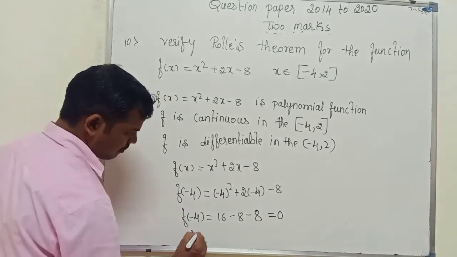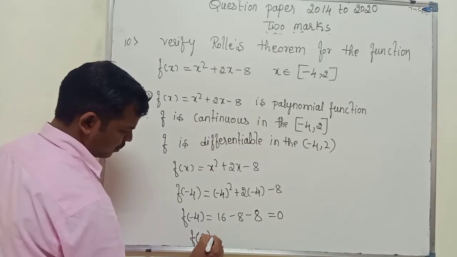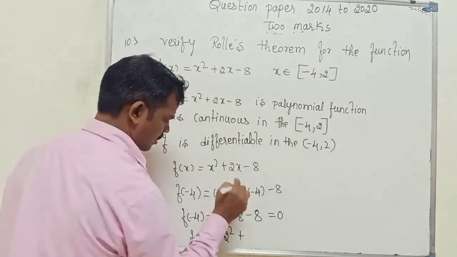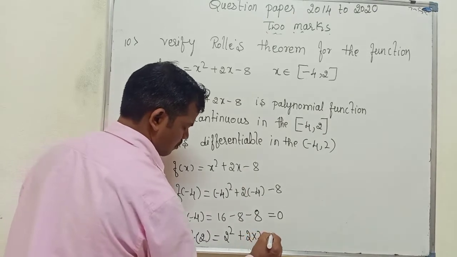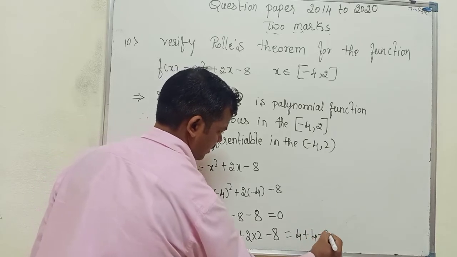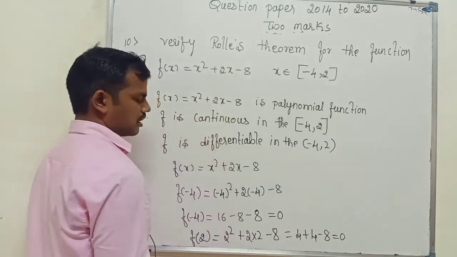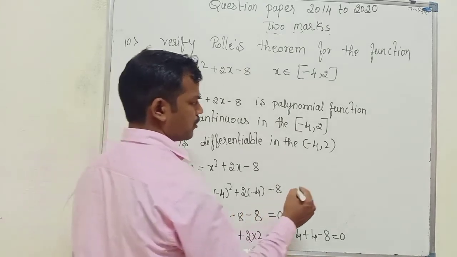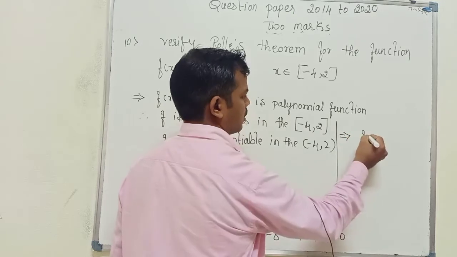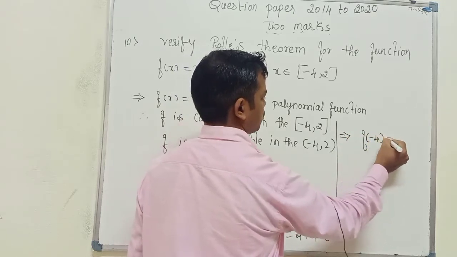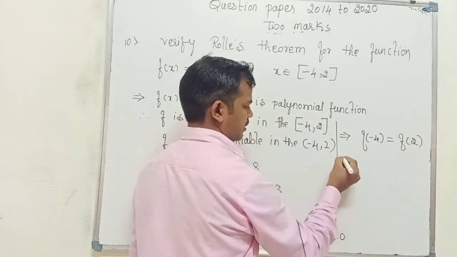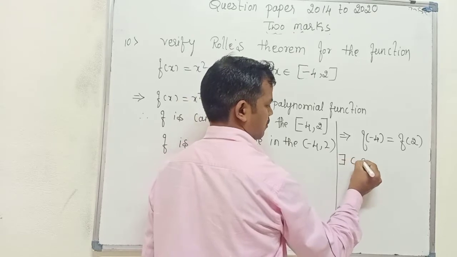Next f of 2 is 2 square plus 2 into 2 minus 8, which is 4 plus 4 minus 8, that is also equal to 0. So here it confirms that f of a equal to f of b. It implies that f of minus 4 is equal to f of 2. Therefore, next, there exists c belongs to the open interval minus 4 to 2.